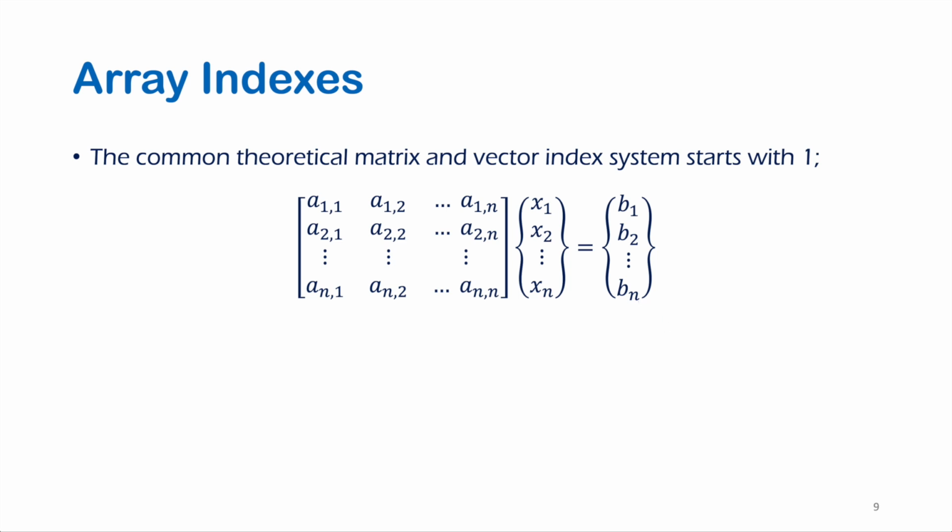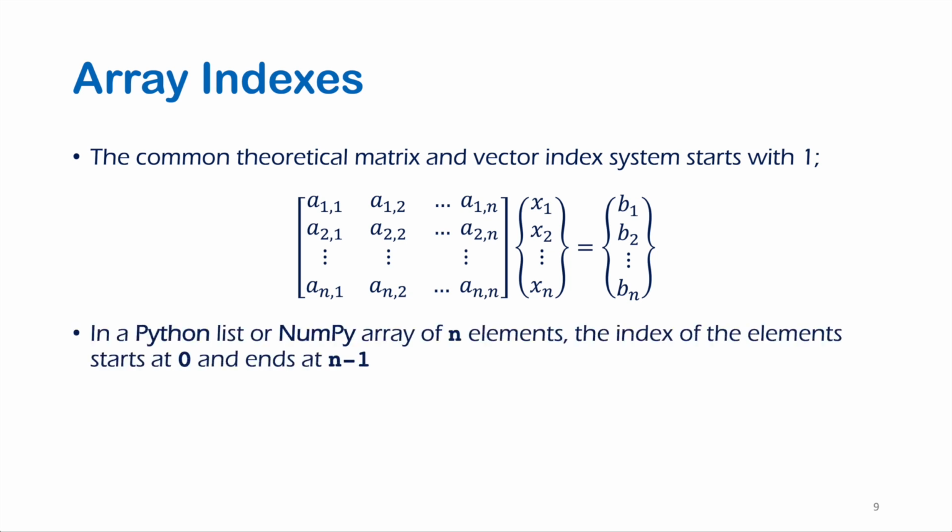But when it comes to coding, you should take into consideration the array index system of the computer language you use. For example, the array indexes in Fortran and MATLAB start from 1 by default. But in Python and C++, for example, the first element of an array has index 0, and for n number of elements, the last element has the index n-1.